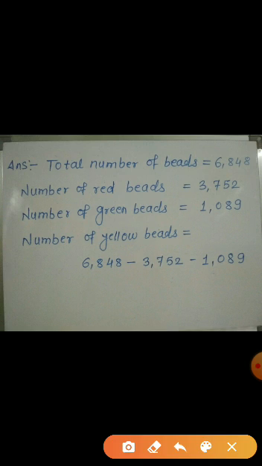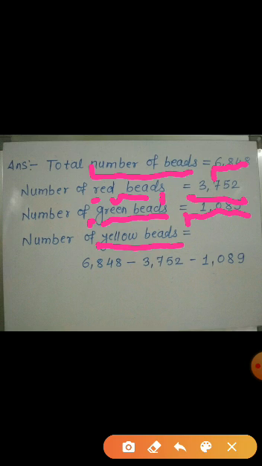Here you can see that I have written first the total number of beads, which is 6848. Then the number of red beads is 3752. The number of green beads is 1089. And we have to find the number of yellow beads.